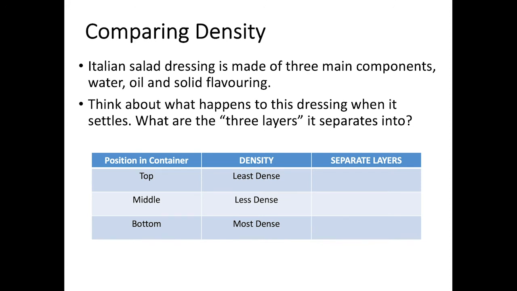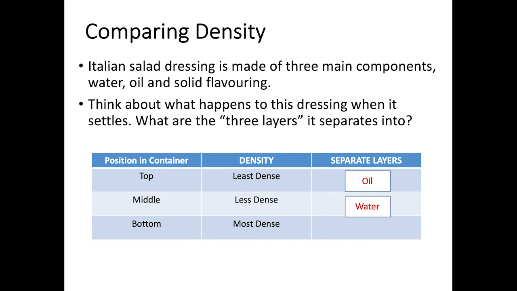The 3 layers that typically come in a salad dressing: the least dense layer will be the oil, which you'll see at the top of your dressing. The middle layer will typically be either your water or your vinegar layer.